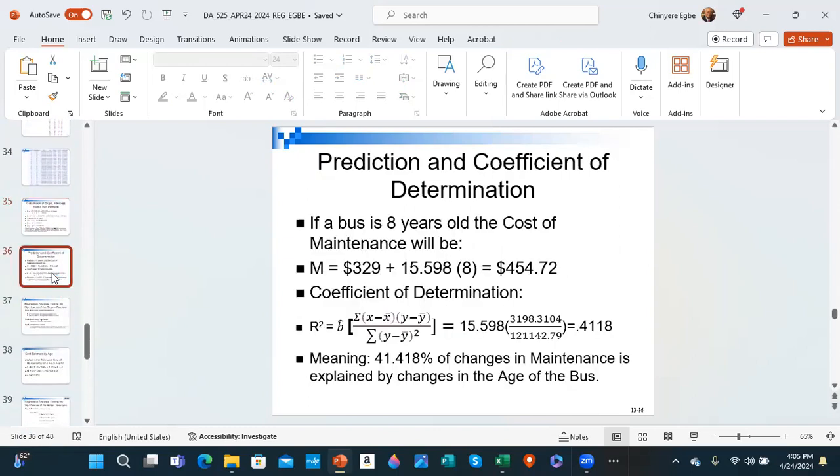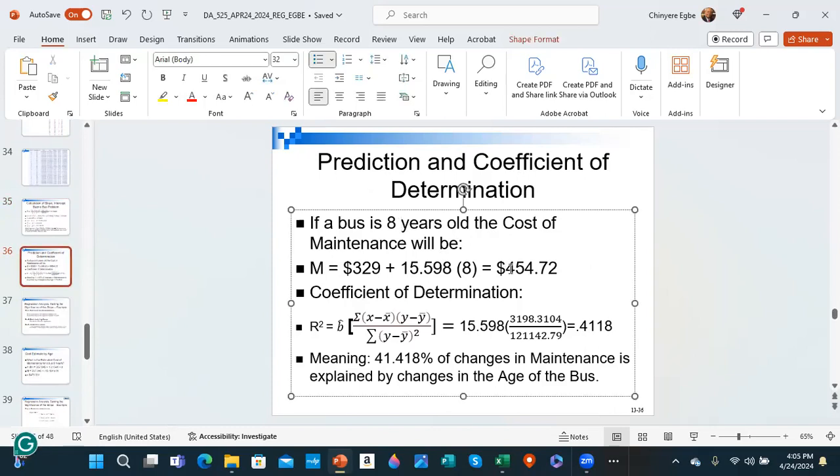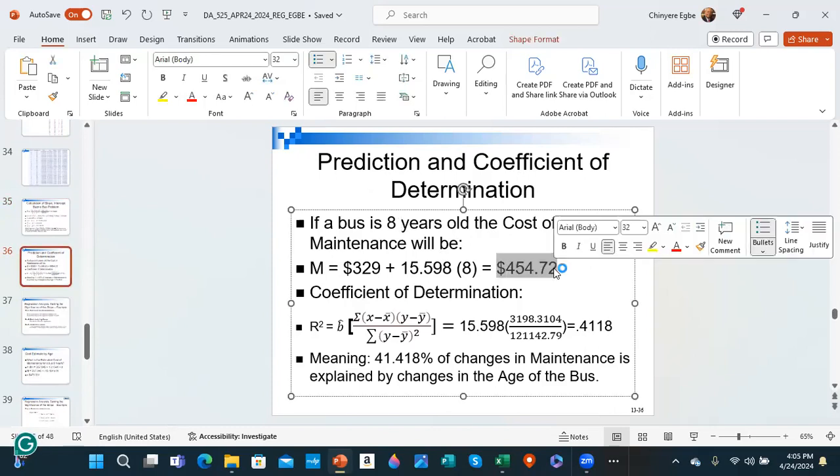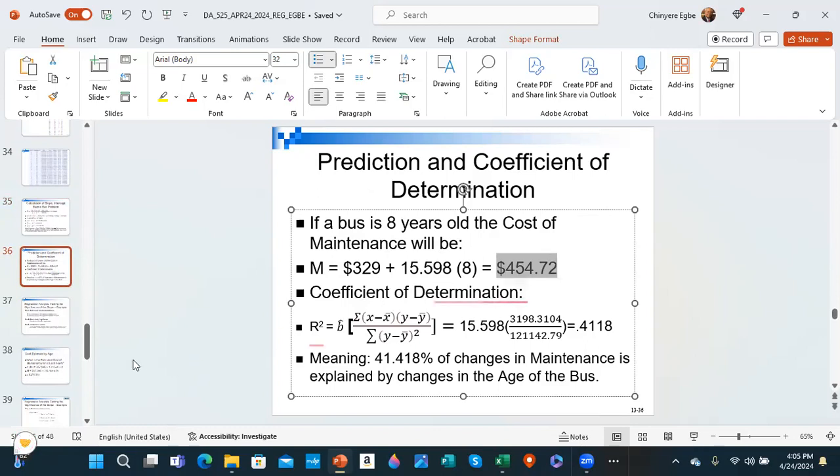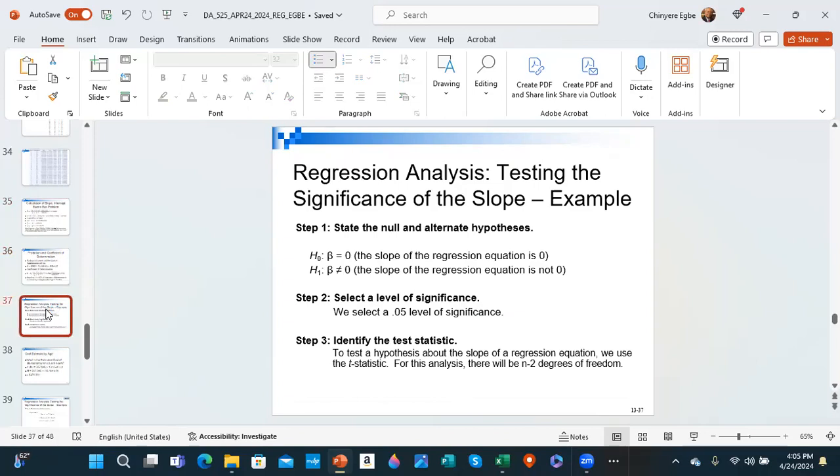Here we use our model to estimate the cost of maintaining a bus that is 8 years old, and we find that it will be $454 per year.